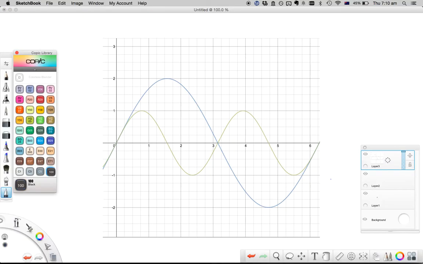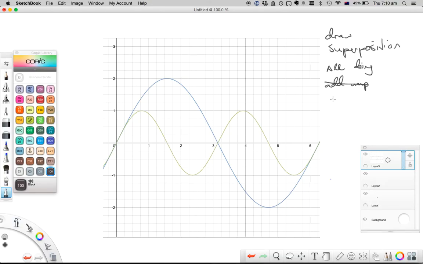Well, all we're doing, okay, we're drawing superposition. And all we're doing is adding amplitudes.